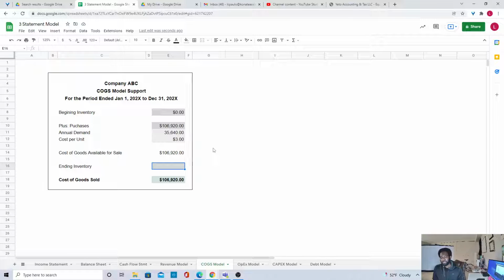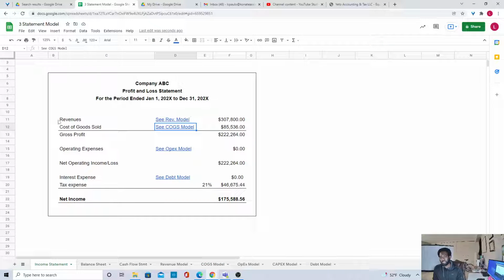And I'm saying that I'm going to be able to sell 80% of these toys, leaving me with 20% in stock. So my cost of goods sold is really 85,000. So going back to my P&L, I'm seeing my cost of goods sold as 85,000.